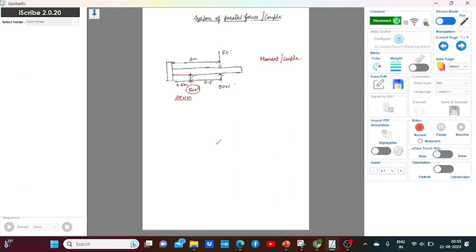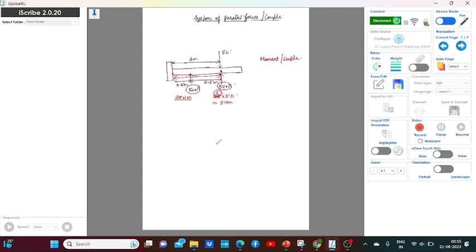The other person is also applying 50 Newton force on the door, and this person is applying the force at 1 meter. So the couple or the moment becomes 1 meter into 50, which is nothing but 50 Newton meter. Why have I written 1 meter? Because the distance of the force applied by this person is 1 meter from this particular hinge.